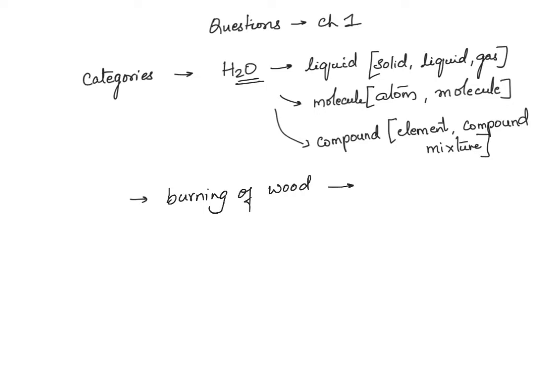How will you categorize it? Physical change or a chemical change? This would be a chemical change. So this process can be categorized as a chemical change. So this is one conceptual type of question that you might see.